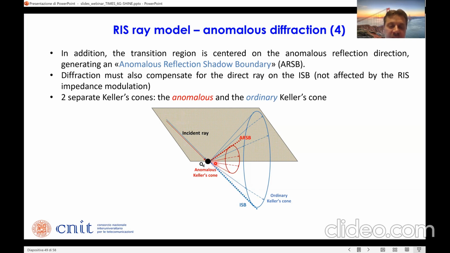And since this incident field is not modified by the RIS, differently from reflection, which is anomalous, this means that in addition to the anomalous Keller's cone and to the anomalous RSB, we also have the ordinary Keller's cone and the regular ISB, incident shadow boundary. So the two cones coexist. Both must be present to compensate either for the direct ray or the reflected ray.